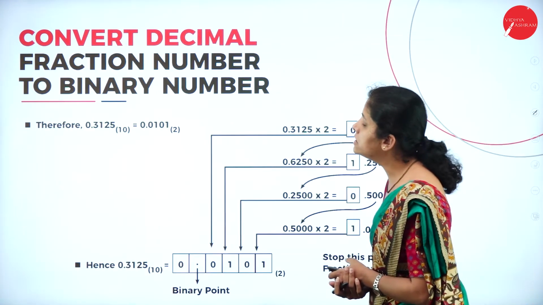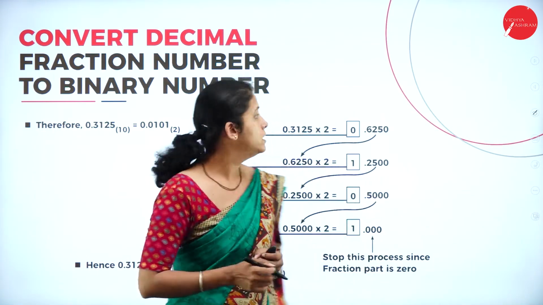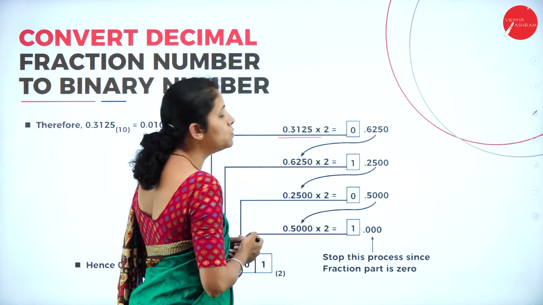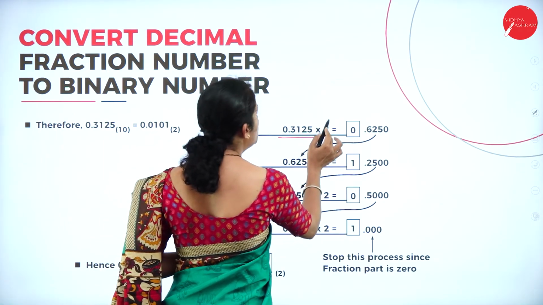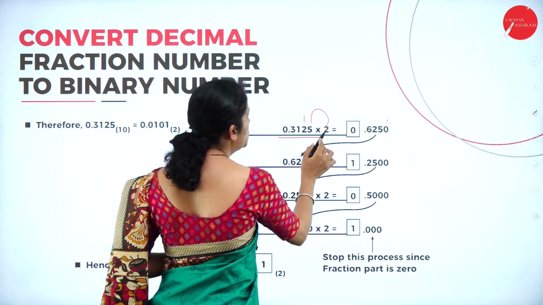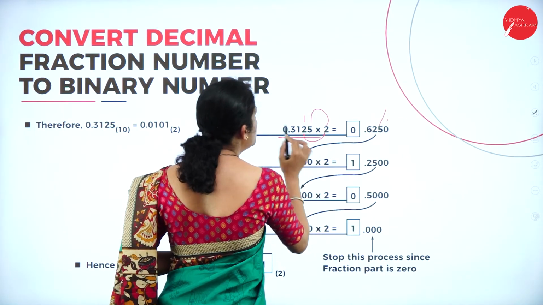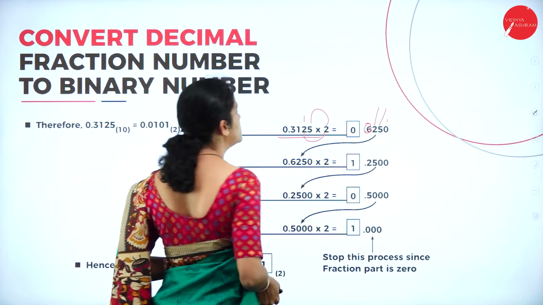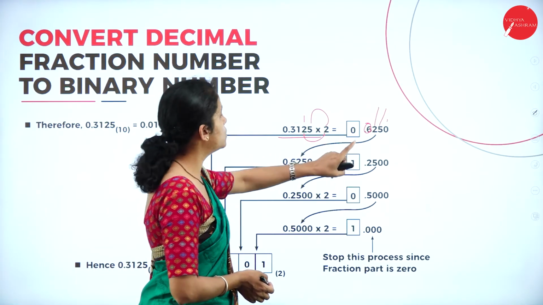Now let me consider another example here. I'm going to have the number 0.3125 and I'm going to multiply this number by 2. So 2 5s are 10, 1 carry. 2 2s are 4, 4 plus 1, it is 5. 2 1s are 2, 2 3s are 6. So what about my carry? It is 0.